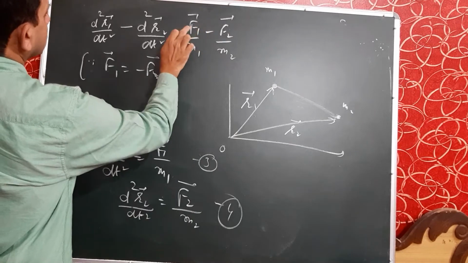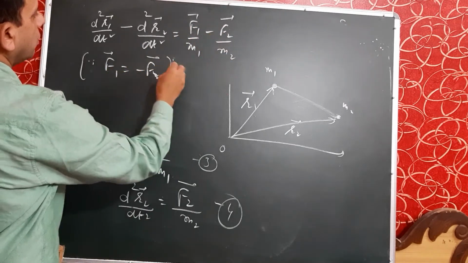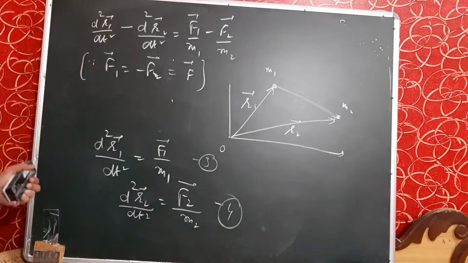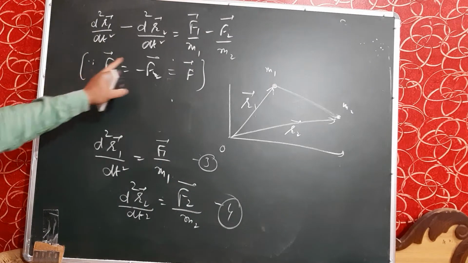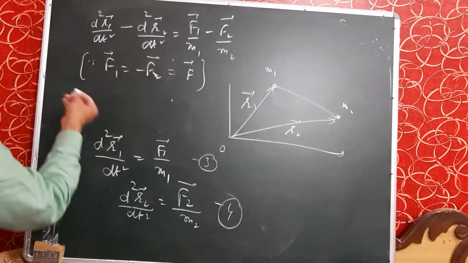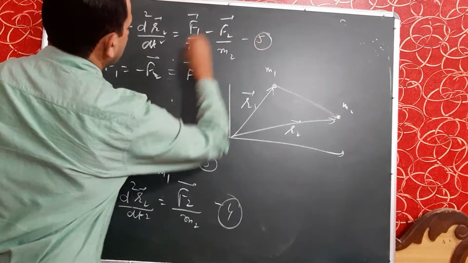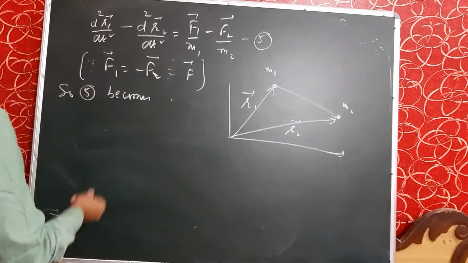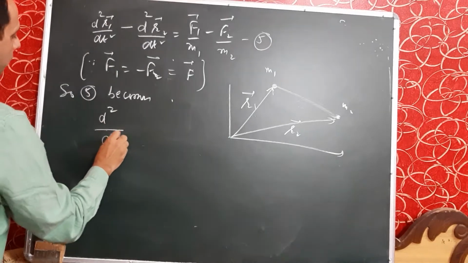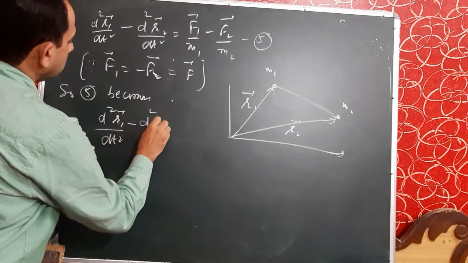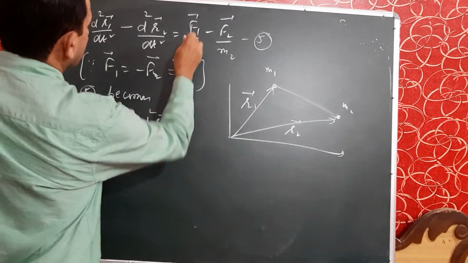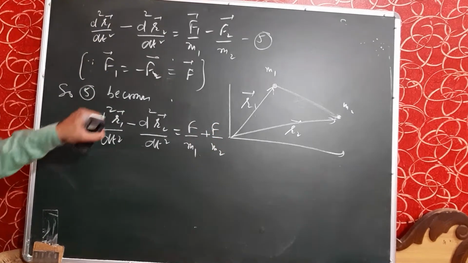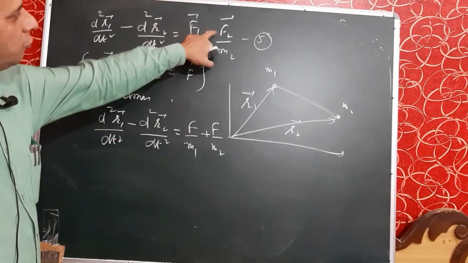So for convenience I will put F1 as F and F2 as minus F. So this is equation number 5, and it becomes d square upon dt square r1 minus d square r2 upon dt square is equal to F upon m1 plus F upon m2. I put the value of F1 as F, F2 as minus F.